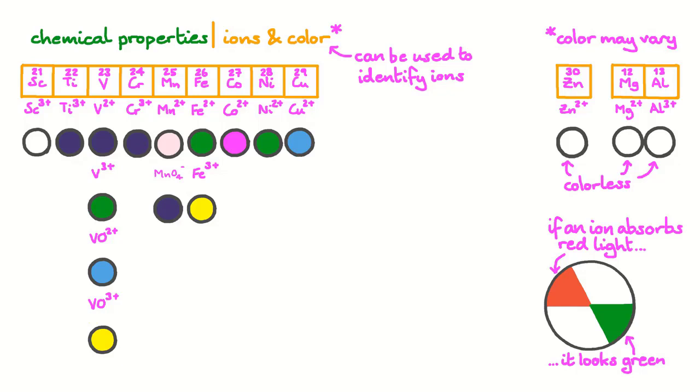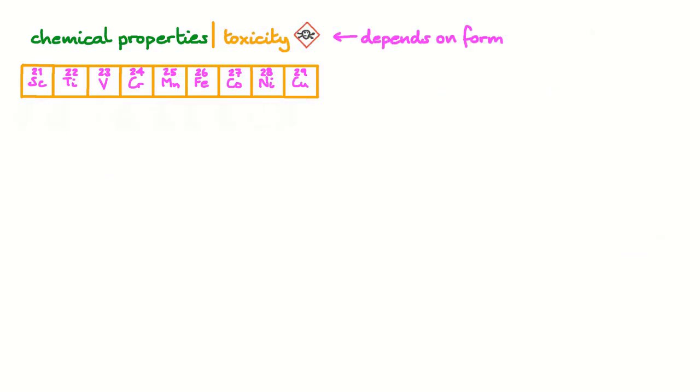Now we can move on to one of the more unfortunate properties of some of the transition metals, toxicity. Before going any further, it's vital to point out that toxicity depends on the form of the element, whether it's pure form or whether it's in some kind of compound. Some of the transition metals form compounds that do vital jobs in plants and animals.